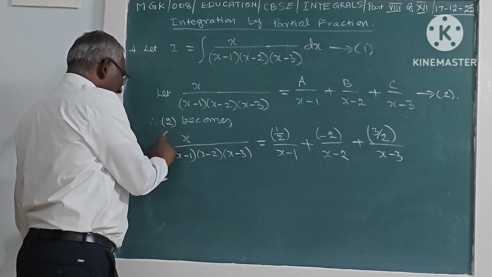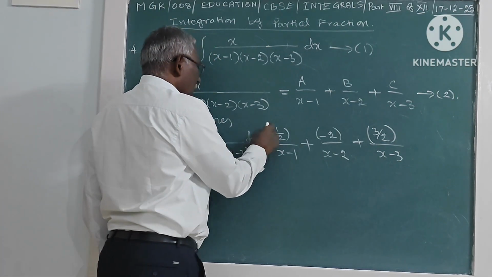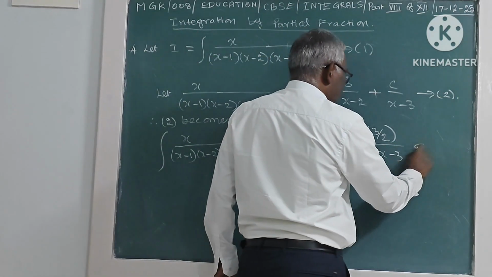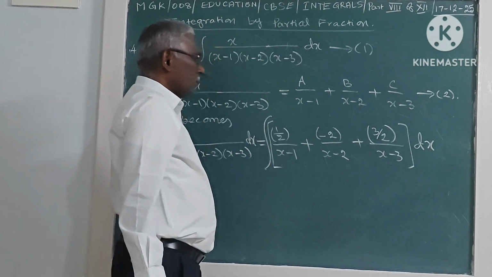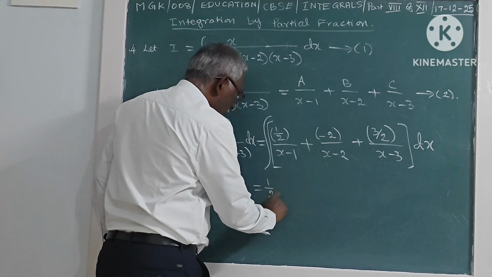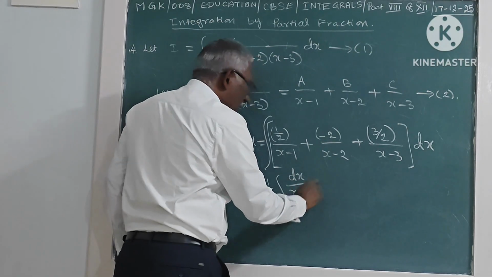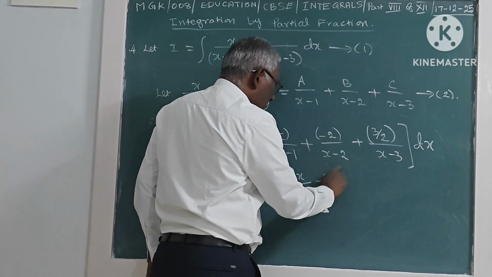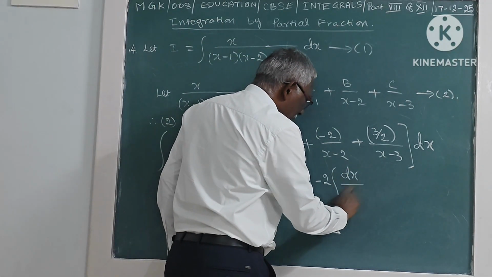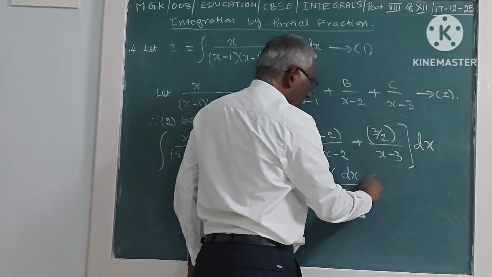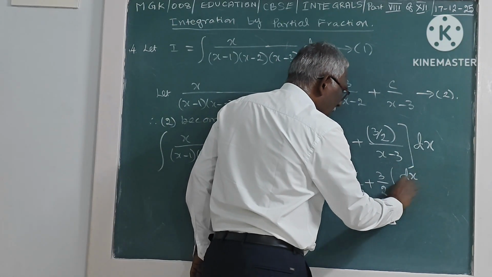Integral dx is nothing but a half times integral dx by x minus 1 minus 2 times integral dx by x minus 2 plus 3 by 2 times integral dx by x minus 3.